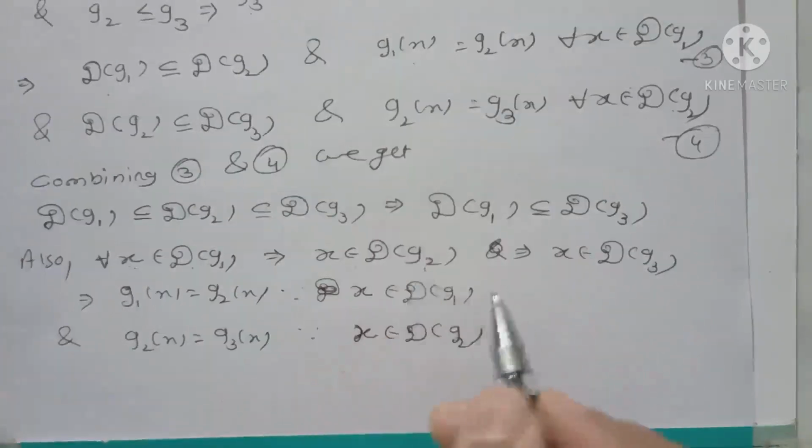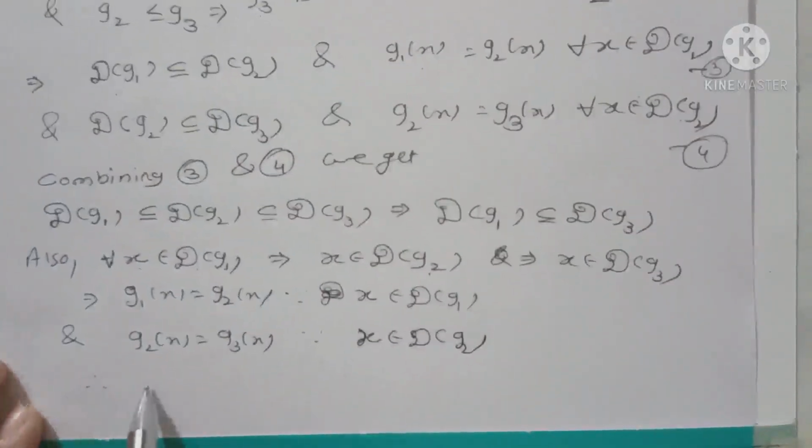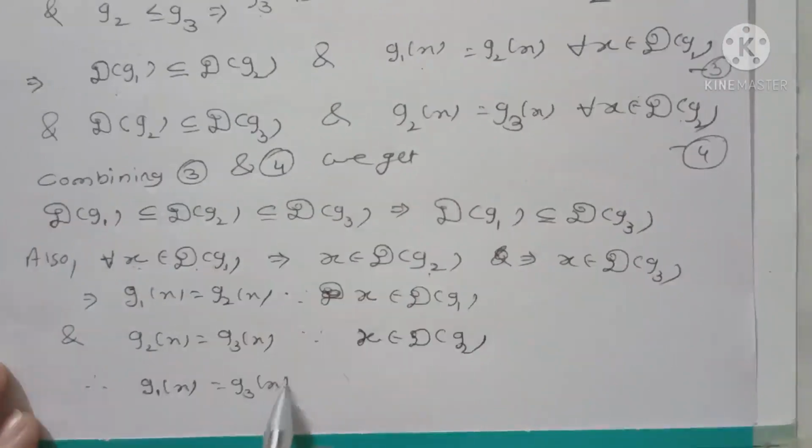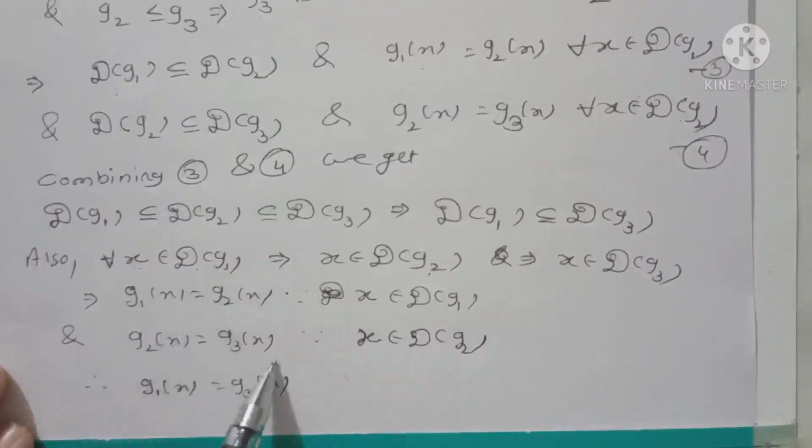And therefore g1(x) equals g3(x), because g1(x) equals g2(x) and this is equal to g3(x).